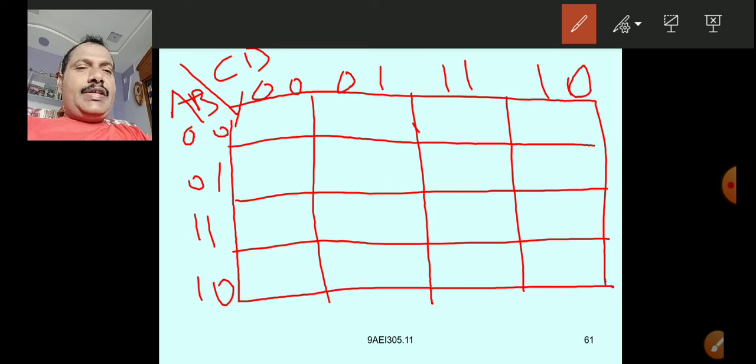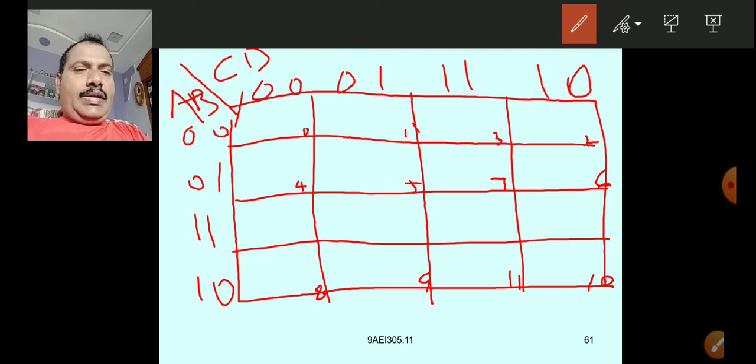Cell numbering is: this is 0, this is 1, 2, 3, 4, 5, 6, 7, and the third row you skip to 8, 9, 10, 11.